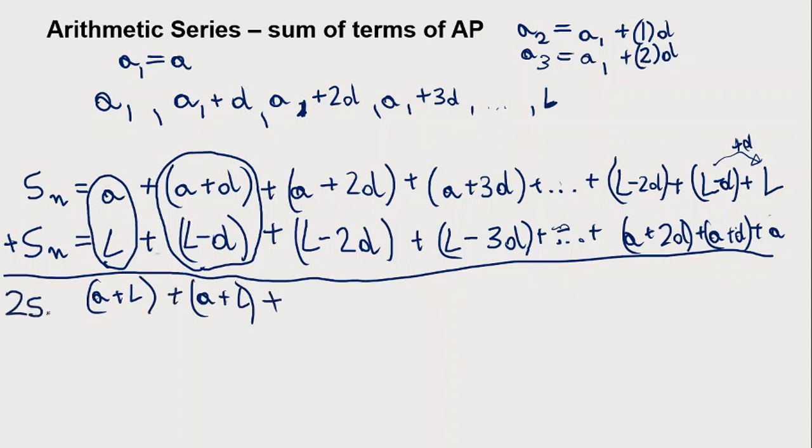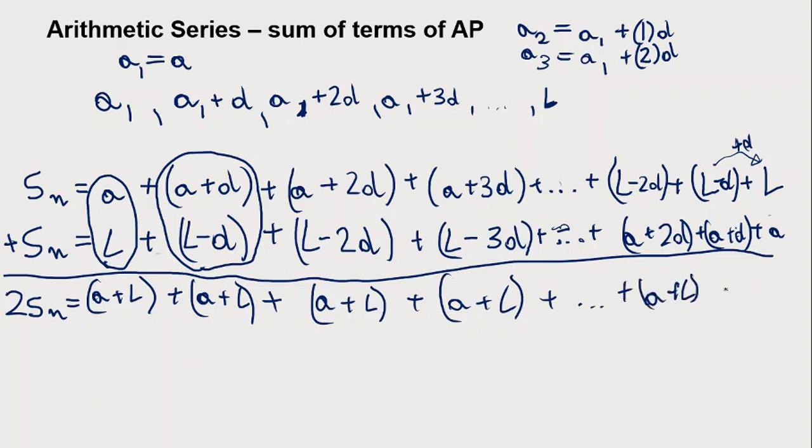So that's 2 summations of n is equal to that, plus again here 2D positive minus 2D, they cancel out, so you end up with again A plus L, again A plus L, and then plus and so on, plus again A plus L. I'm not going to write all of them, but basically it's plus A plus L added in so many times.